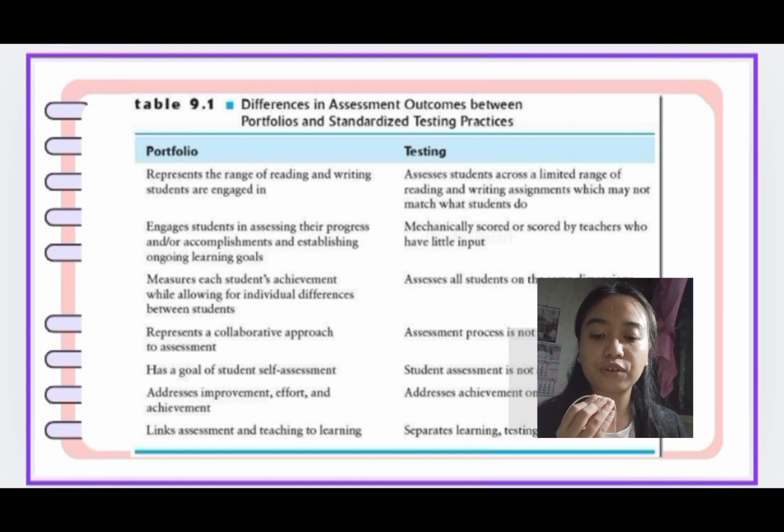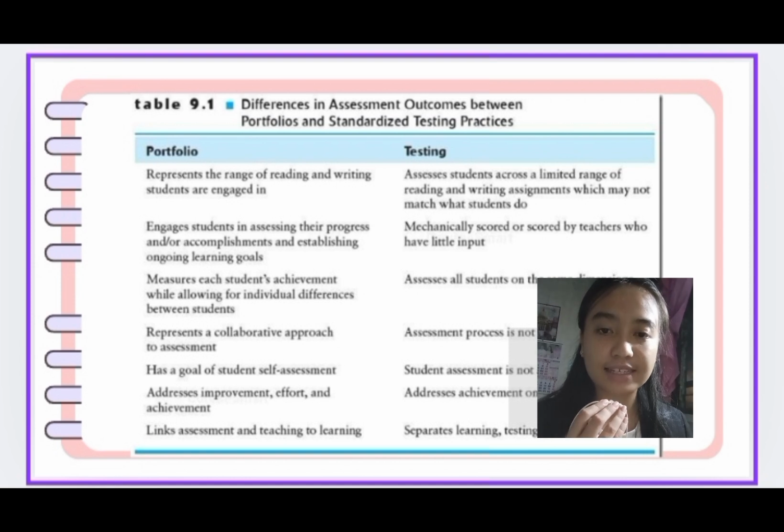So here are the differences in assessment outcomes between portfolios and standardized testing practices. So first, a portfolio represents the range of reading and writing students are engaged in, while testing assesses students across a limited range of reading and writing assignments, which may not match what students do.